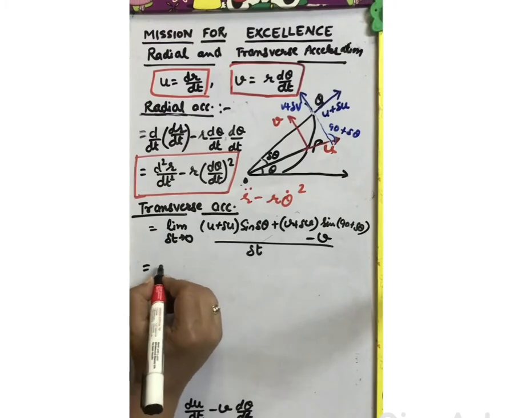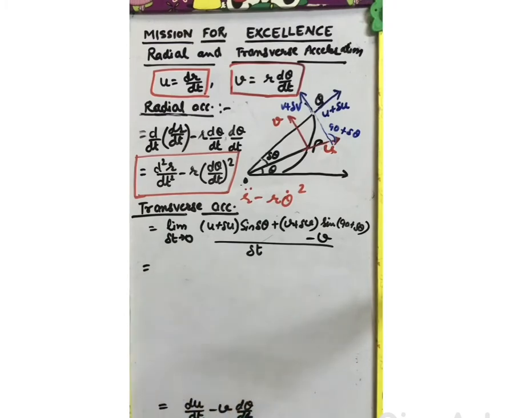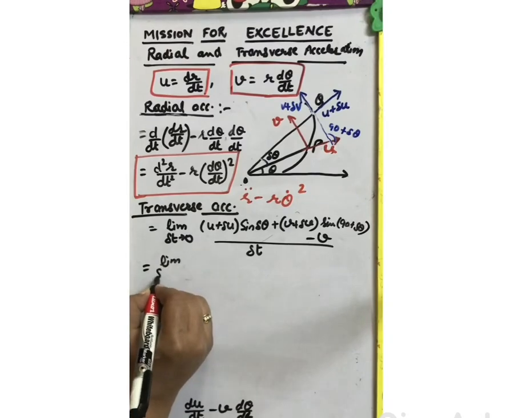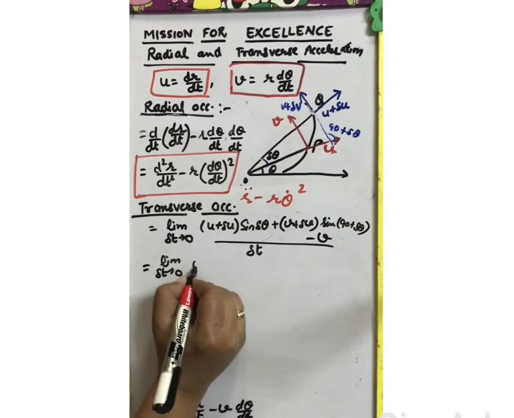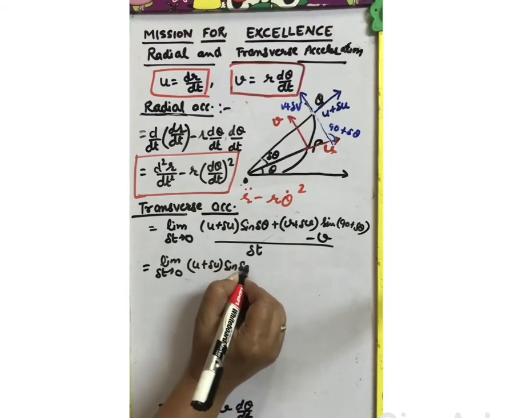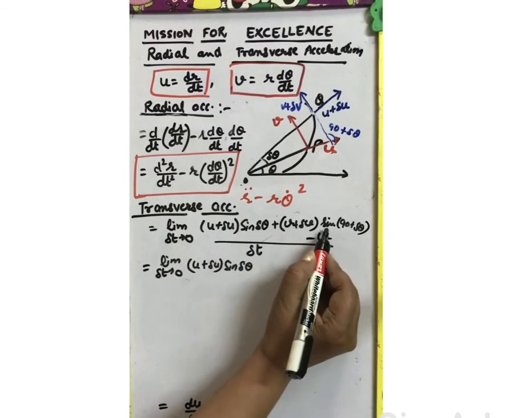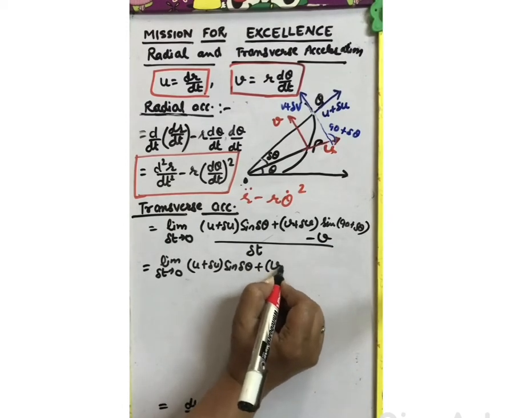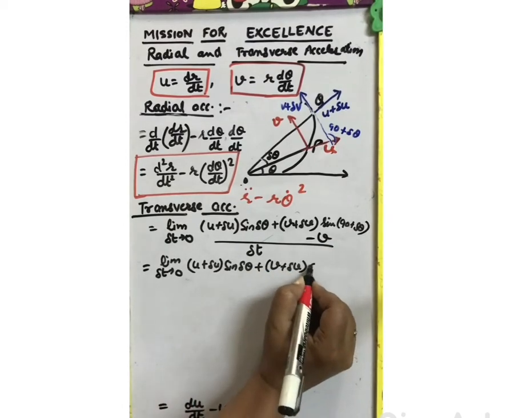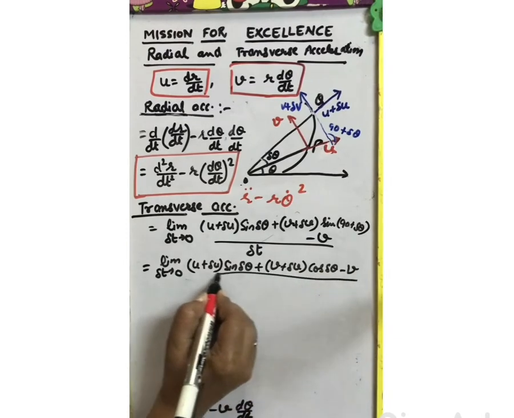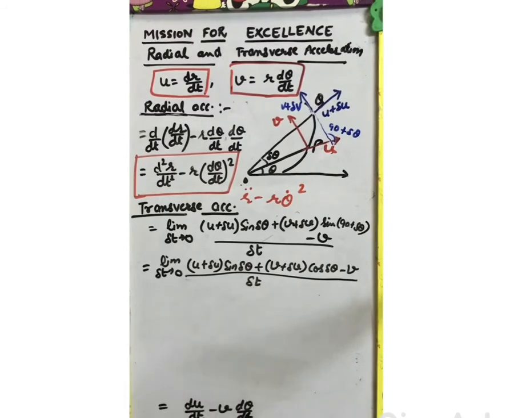So now we will take here, as in the previous article, limit delta t tends to 0, (u plus delta u) sine delta theta, sine (90 plus theta), that is cos. So we get (v plus delta v) cos delta theta minus v divided by delta t.